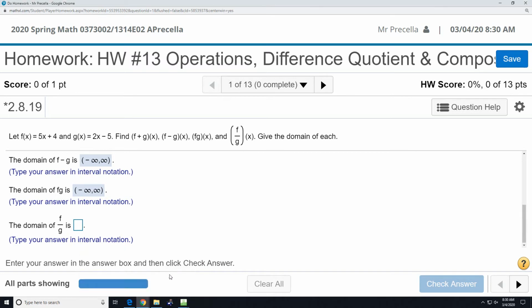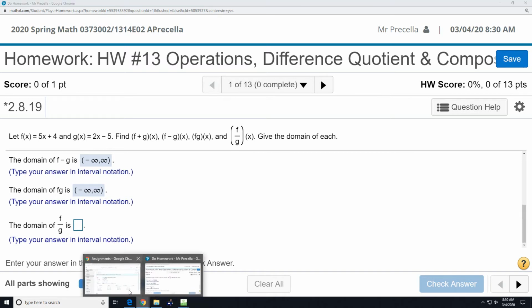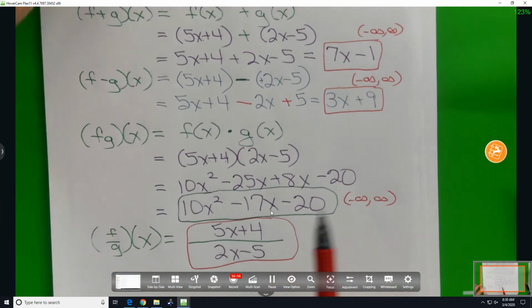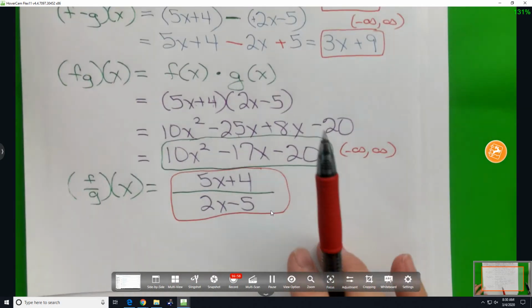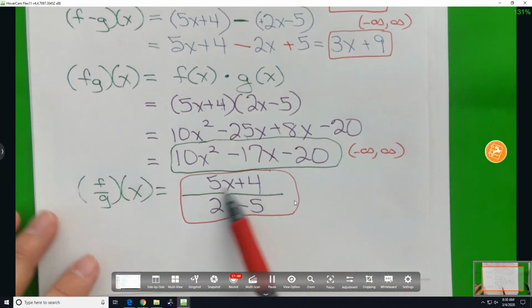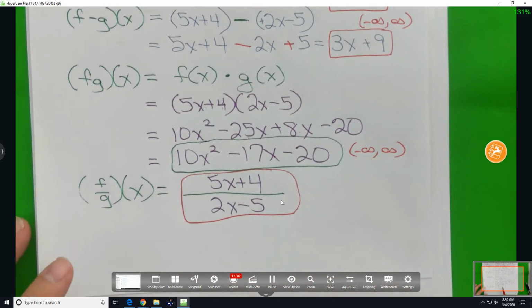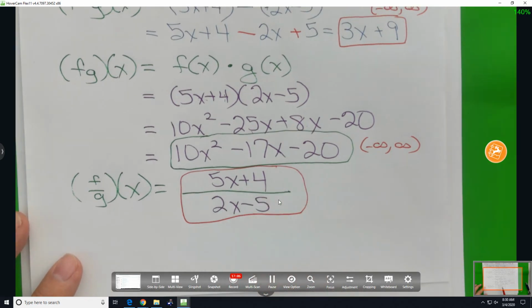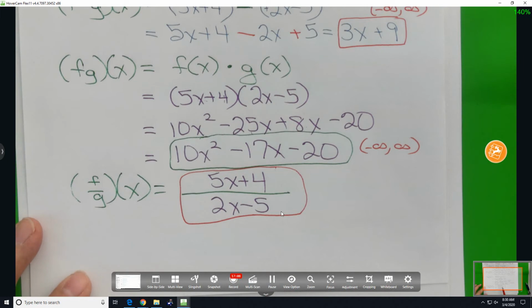Would f divided by g create any imaginary numbers? In order to create imaginary numbers, what symbol do you have to have? A square root. You don't have a square root, so you don't have to worry about imaginary numbers. What about undefined results?